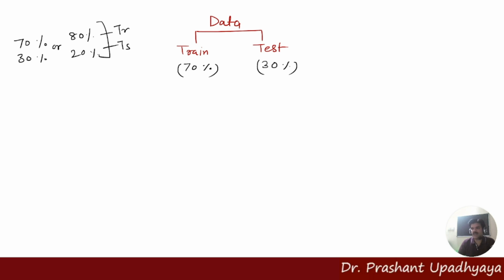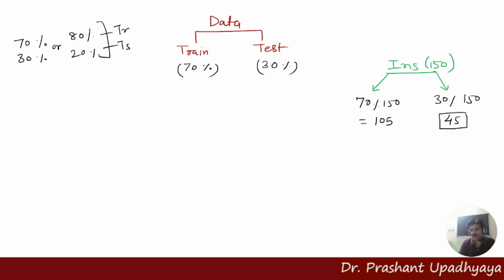For example, if we are talking about the iris data, how many samples do we have in the iris data set? We have got 150 samples. If I take 70% of 150 and 30% of 150, what will be my output? 70% of 150 will be 105 and 30% of 150 will be 45.